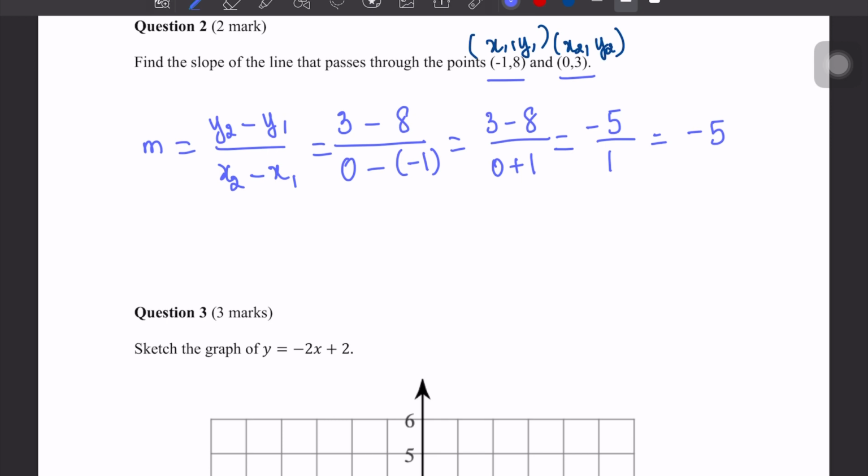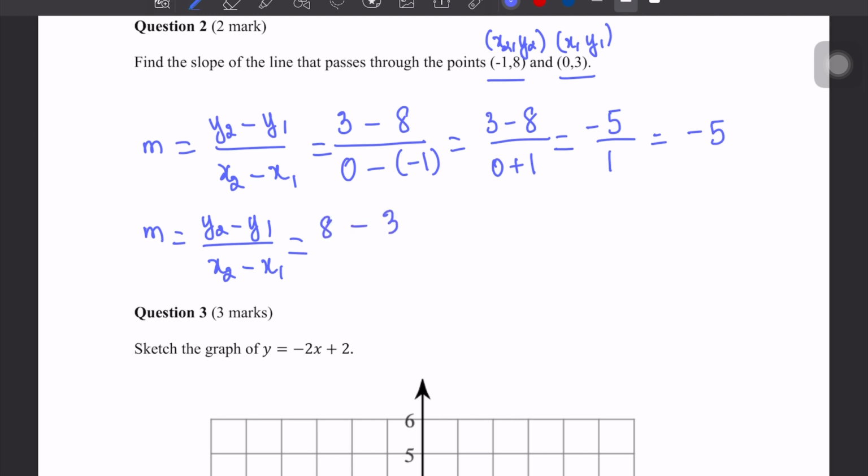The thing is, what happens if we swap the order of x1, y1? Let's do it with x2, y2 and x1, y1. m would equal y2 minus y1 over x2 minus x1. y2 is 8 minus 3 over negative 1 minus 0 equals 5 over negative 1 equals negative 5.